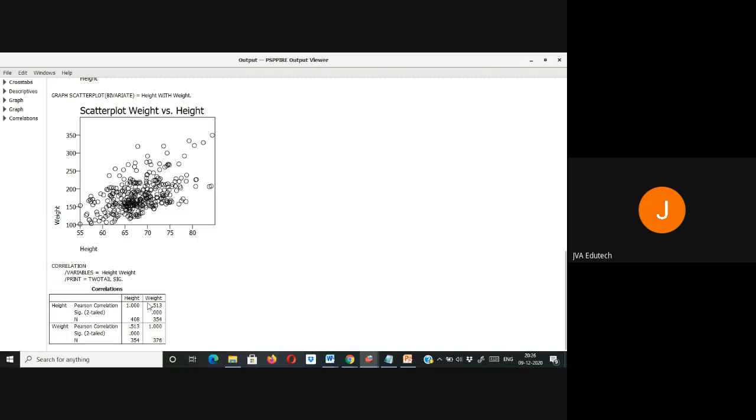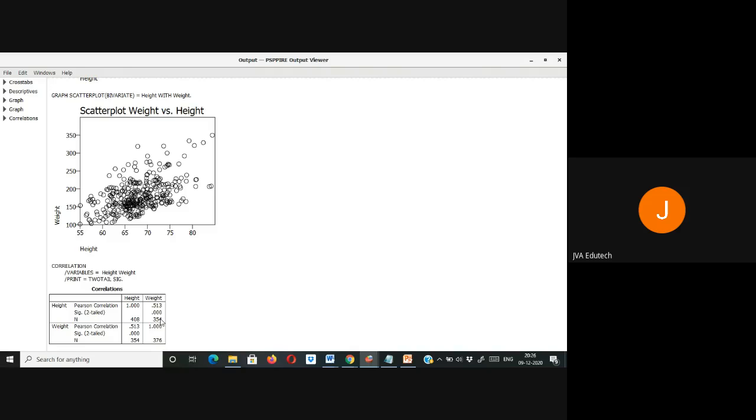But correlation of height with weight is how much? It's 0.513, based on 354 observations.